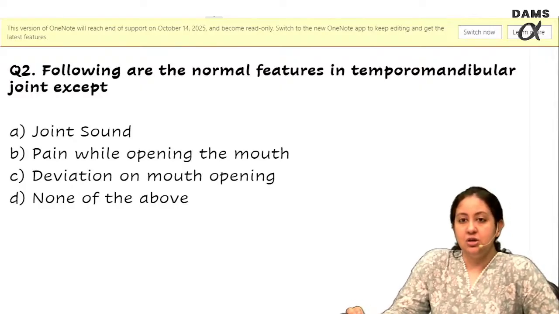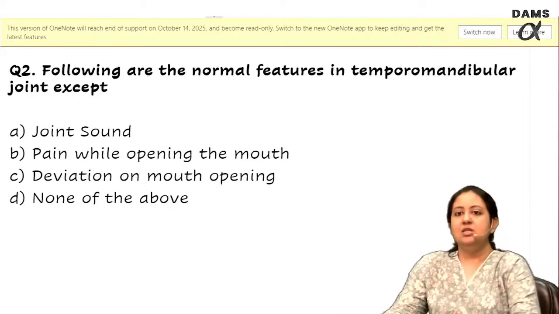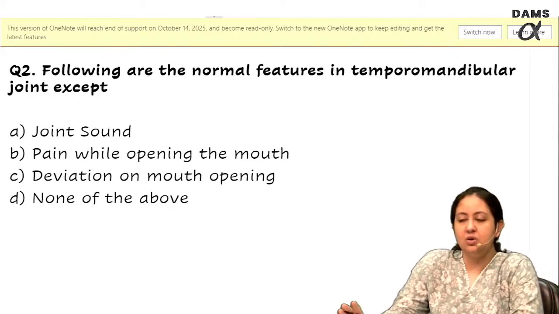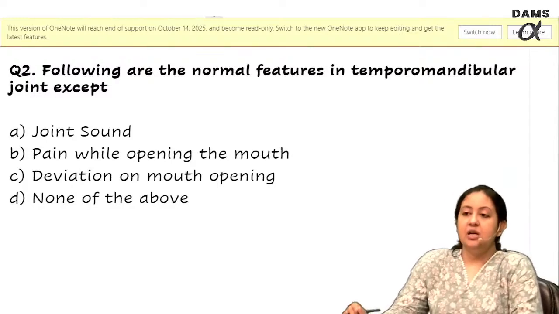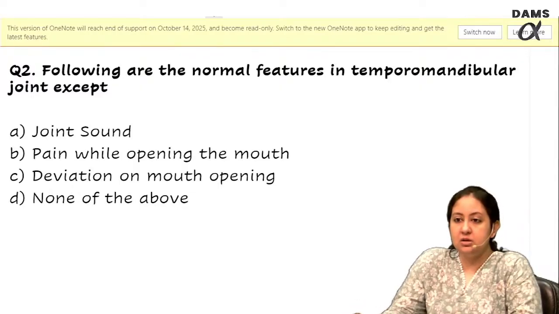Similarly, deviation can be associated with a pathology or underlying disease process, and deviation can also be seen in a normal TMJ. Now, why do I say joint sound and deviation can be seen in a normal TMJ? It is usually seen in people with unilateral chewing habits.